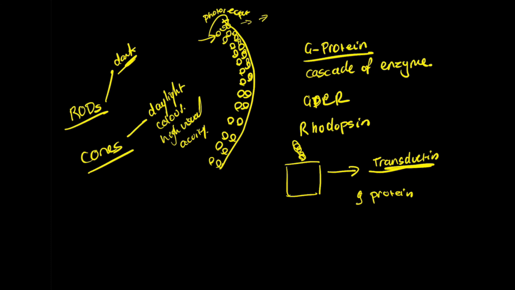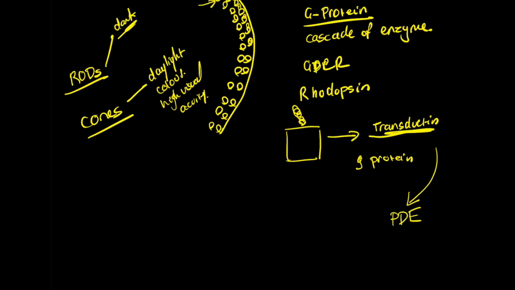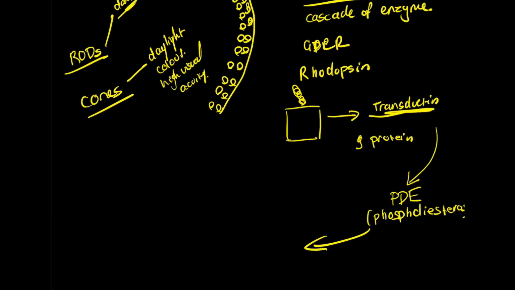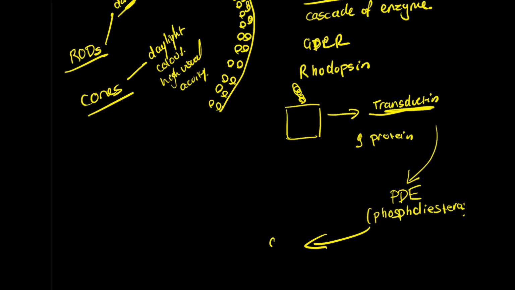Then the process continues with PDE, which is the enzyme. If you want to know exactly what it is, it's called phosphodiesterase. Phosphodiesterase is responsible for the breakdown of cyclic GMP.